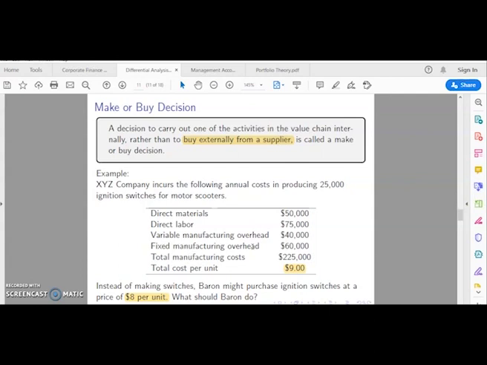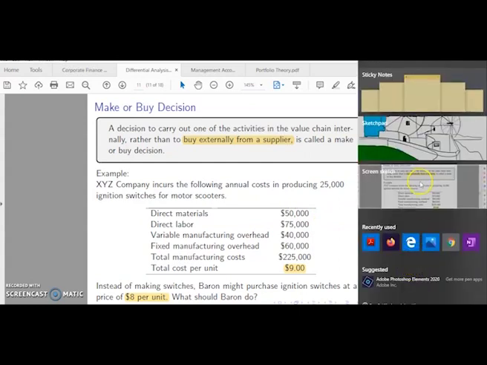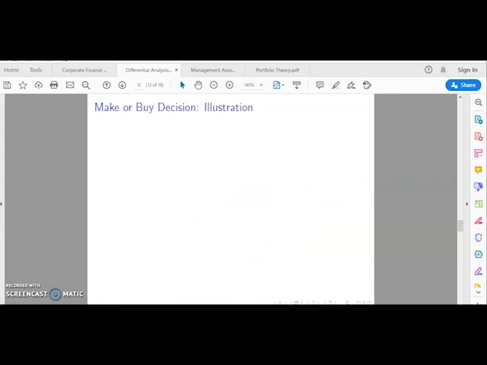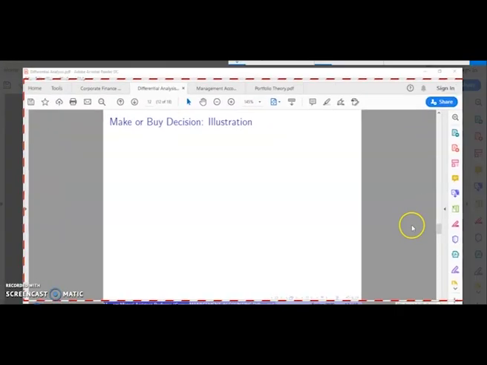This is why we need to calculate everything in detail to make the right decision. So what I'm going to do to come out with the right decision between the two scenarios of making or buying is calculate the cost for each scenario. Okay, so how should I do it?